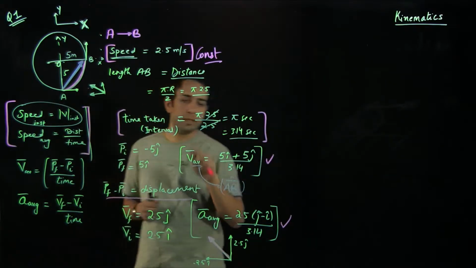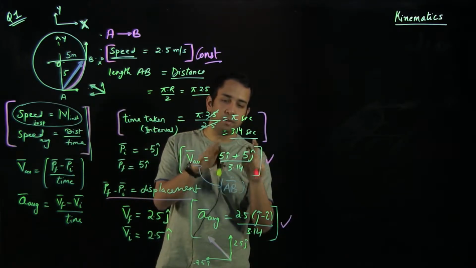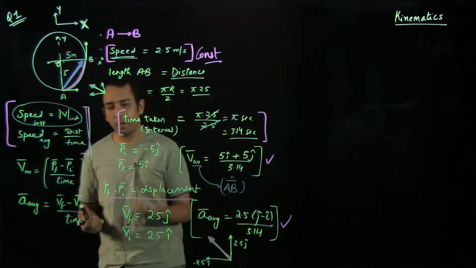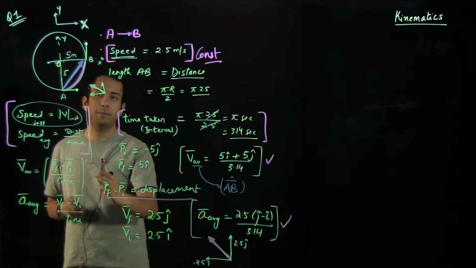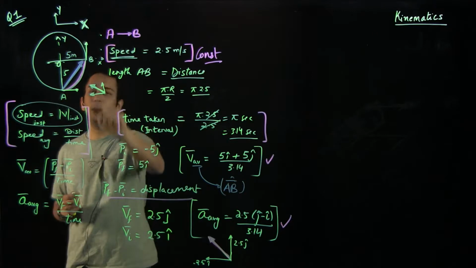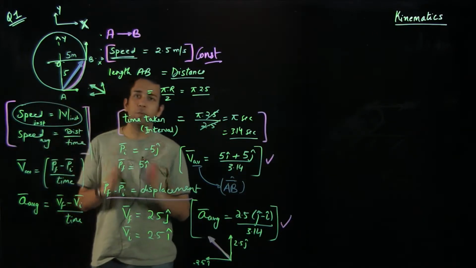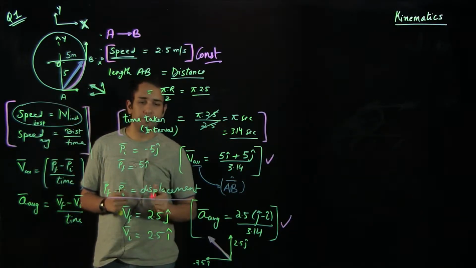We can easily see the direction of the average velocity from the final expression, or from the earlier part itself, that the displacement taken by the particle is the AB vector. So the average velocity should be in the direction of the AB vector only.